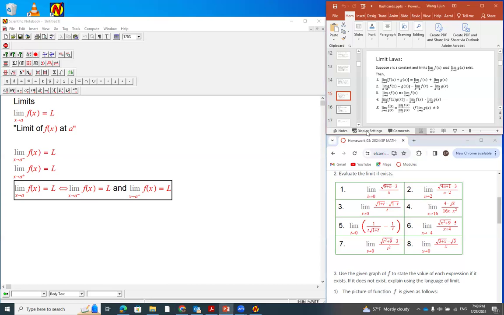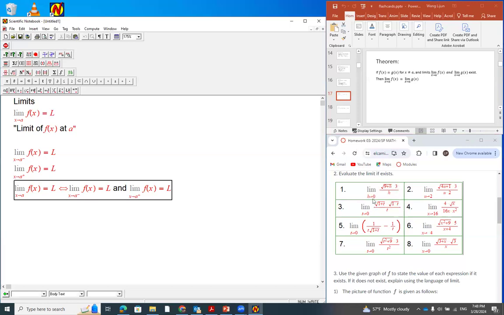Now, the next flashcard is a continuation of limit law, and another theorem. This theorem is also used a lot, so I wish you to be aware of it.